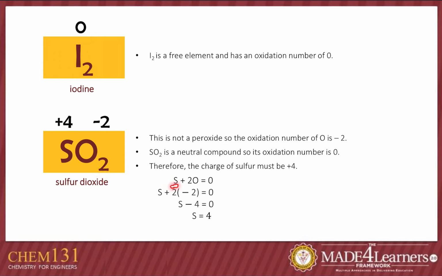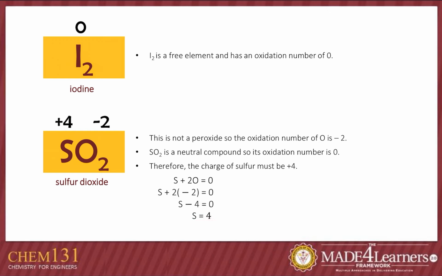So, naay isa ka sulfur ug naay duha ka oxygen. But since this is a neutral compound, it's equal to 0. Nya, sa ato diay i-assign dayon nga oxygen kay negative 2 man siya. So, sulfur, 2 times negative 2, that's negative 4. Diba? And when you transpose to the other side, meaning the oxidation number of sulfur is positive 4.